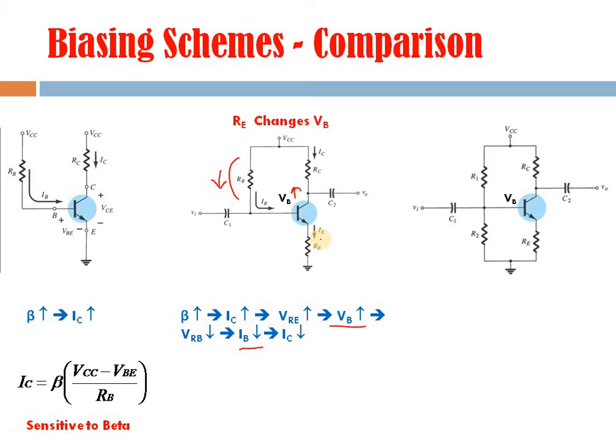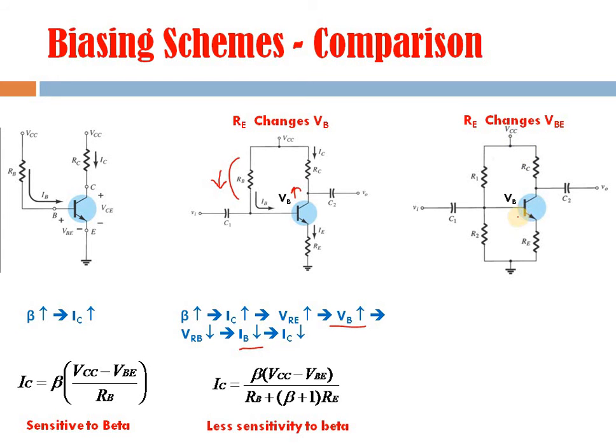So here the introduction of RE changes VB, right? And the relationship we have also seen in the earlier slides. So this beta appears both in the numerator and in the denominator, but it is less sensitive as compared to the earlier arrangement, right? And if we talk about this potential divider arrangement, here this RE changes VBE.